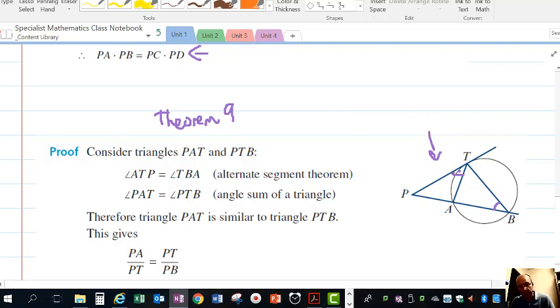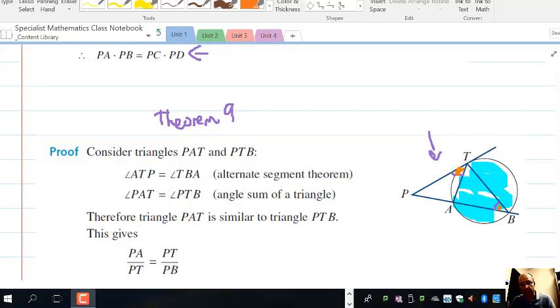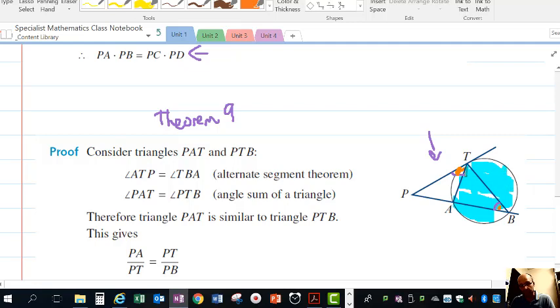This angle here is equal to any angle subtended by chords inside the segment. Okay, we can see that if we're talking about a segment, we're talking about this here. So you need to go back to that alternate segment theorem. Okay, so the segment's been highlighted to assist you there. Okay, so that's why those two are equal.